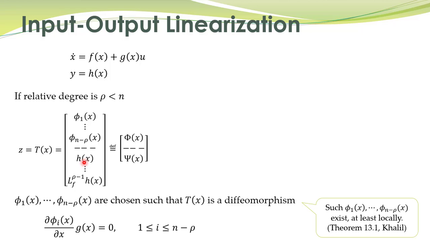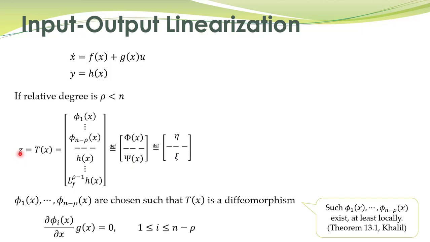Here we see that from here to here, this is a vector function of x. We give it some name, psi of x, and this part we call phi of x. And we also define this vector by a new symbol eta, and this vector by a symbol xi.